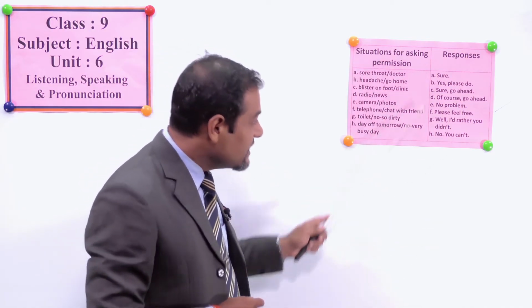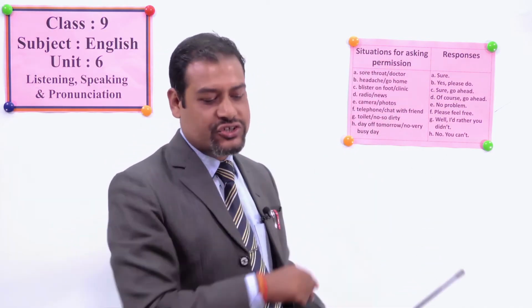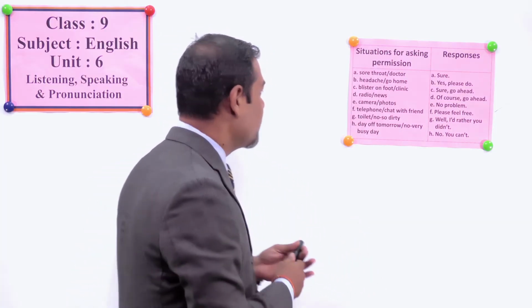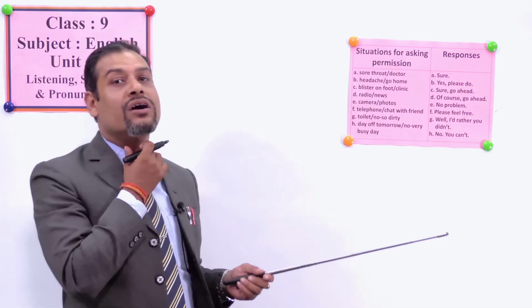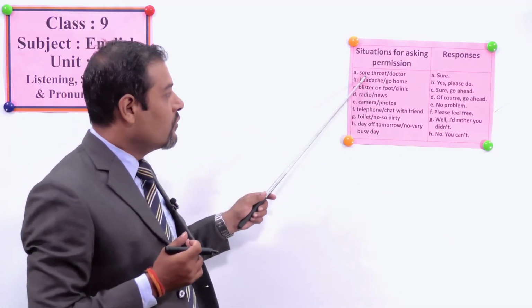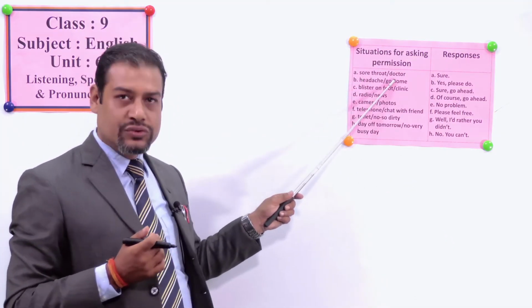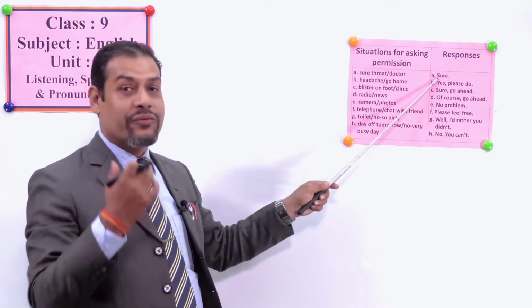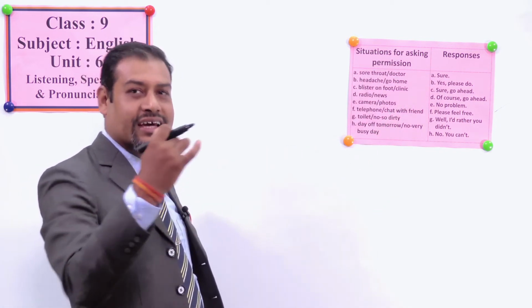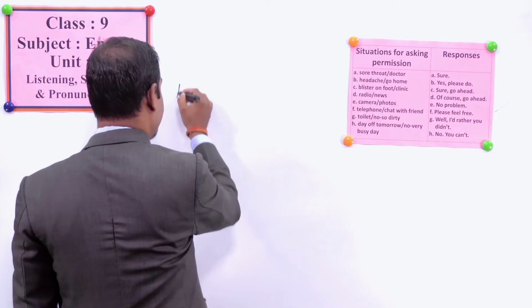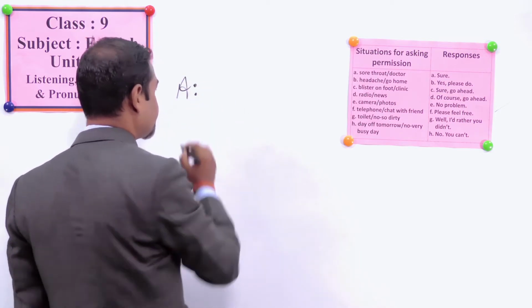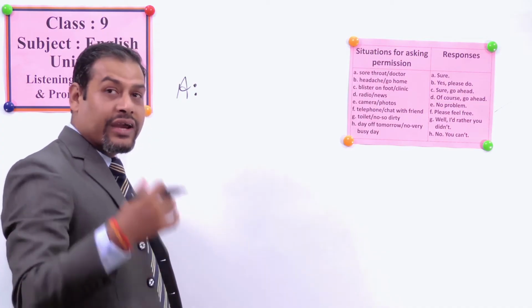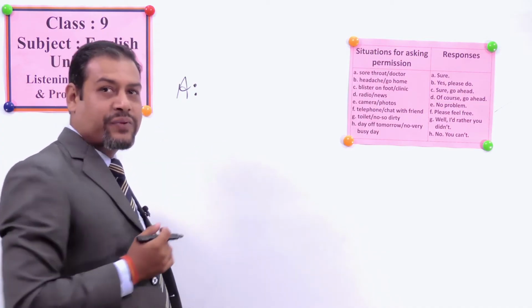Now using these, we are going to practice some. For this one, A, sore throat, means there is a problem in the throat. Now one asks for permission to go to the doctor, and another should respond. You have to use the same structures that we have practiced.